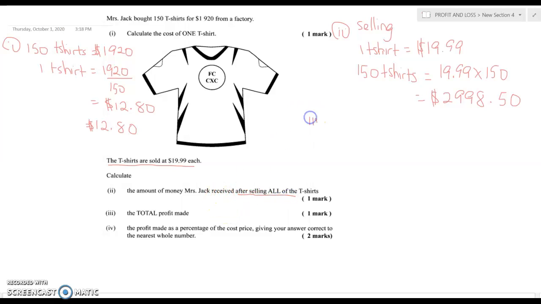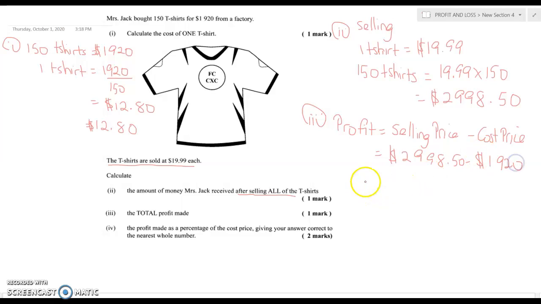Part 3, profit. Remember, profit is the selling price take away the cost price. So when she sold the t-shirts, it was $2,998.50, and when she bought them, it was $1,920.